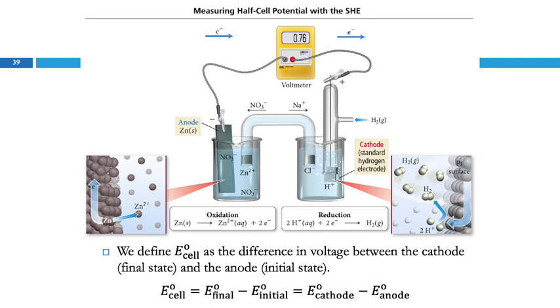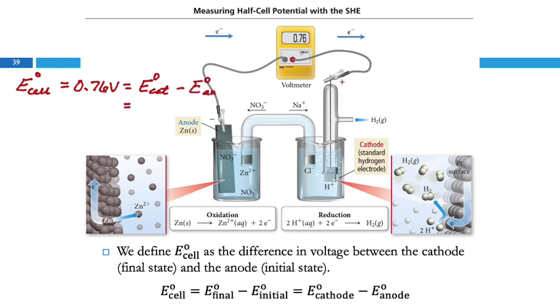So if this is 0, what we've got here is E cell is equal to 0.76, which equals E for the anode. Nope, sorry, that's the cathode minus the anode.